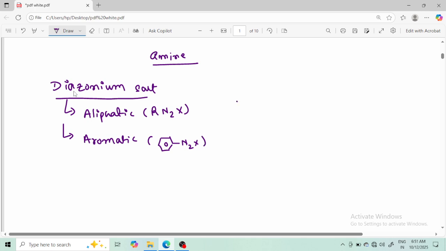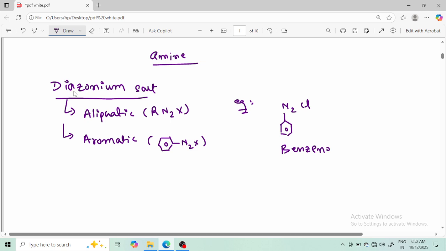So the most common diazonium salt we have studied is this benzene diazonium salt. Okay, this is what benzene diazonium chloride.